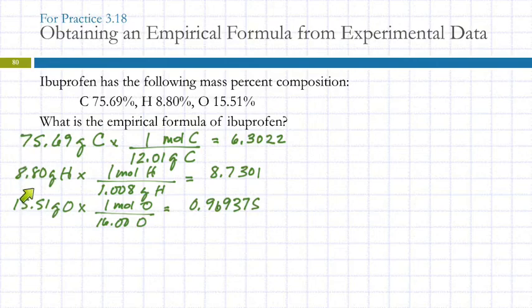Keep at least as many sig figs as the percent or mass you started with. Identify the smallest one, divide them all by the smallest. So that one's just going to be 1.